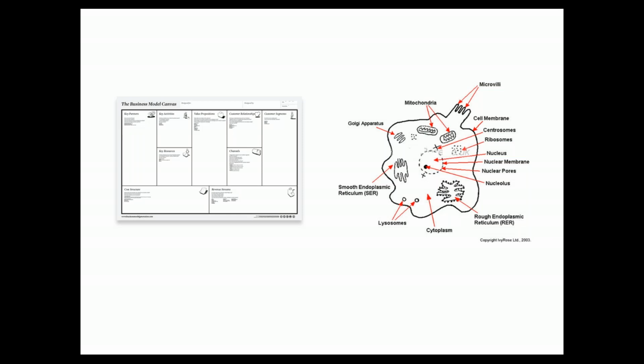So similarly, these 9 segments of the business model canvas are key functions within any business that enable that business to grow, just like the cell. And just like a cell diagram, this concept is very general, but it's very powerful. And this power is what we use as scientists to analyze whether our invention has the potential for technology commercialization.